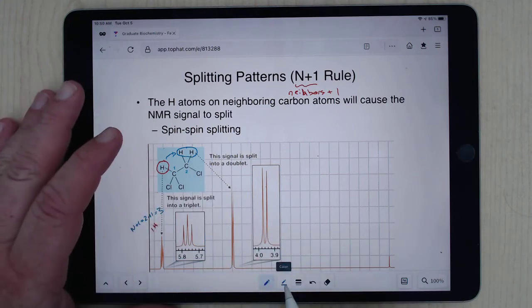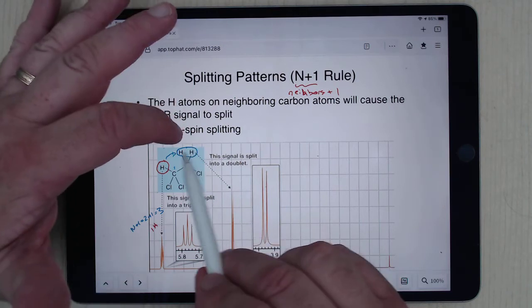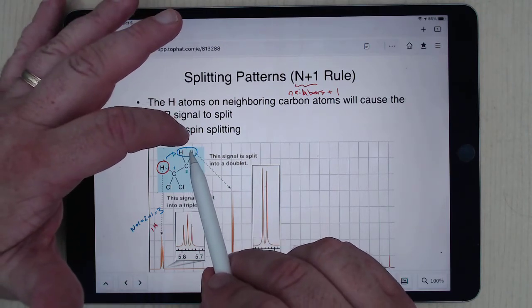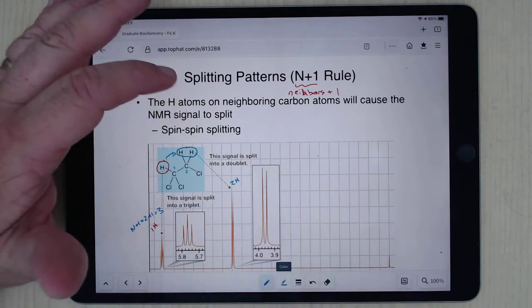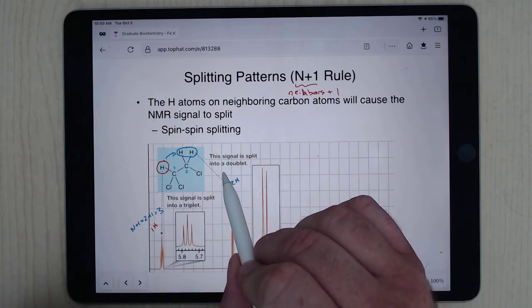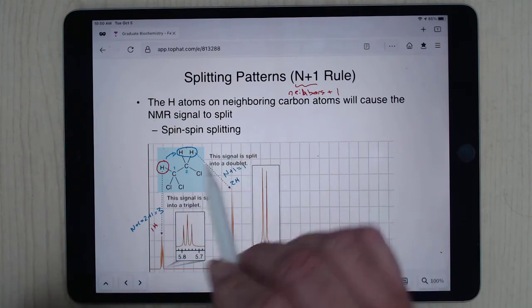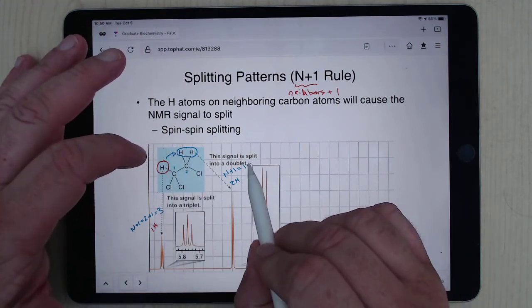For carbon 2, these 2 hydrogens are equivalent to each other. So this signal integrates to 2 hydrogens, and the area under this peak is twice what it is under here. But here the n+1 is just 1 neighbor, this red hydrogen here, so it's 1 plus 1, which is 2.